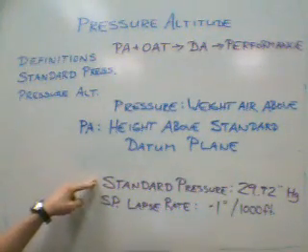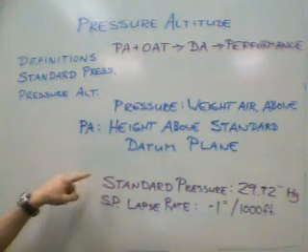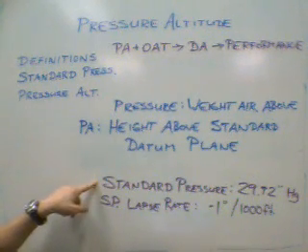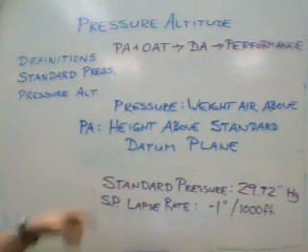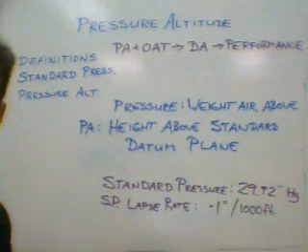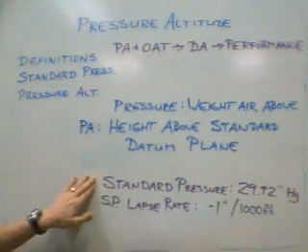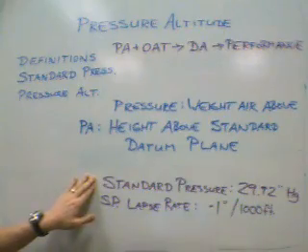The standard datum plane is wherever the standard pressure is found, 29.92. Normally, standard pressure should be found at sea level. But as we know, if you ever watch the Weather Channel and you hear that a high pressure system is moving through or a low pressure system, you know that pressure changes. So it's not always standard.